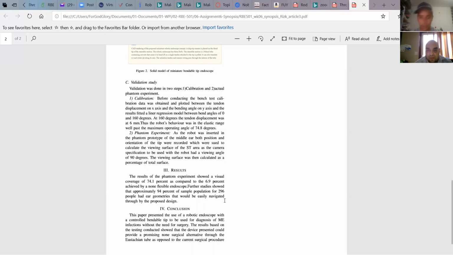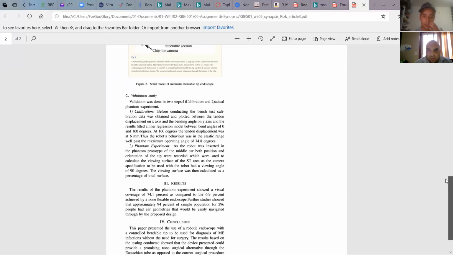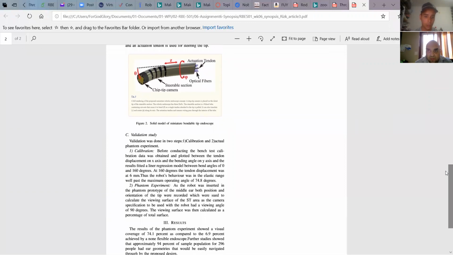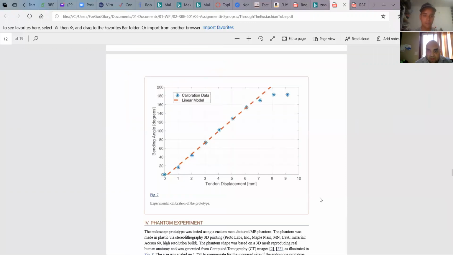So basically, based on the graph that you showed, that robot can go like twice the rotation amount that was needed to be able to map the entire back portion of the ear.